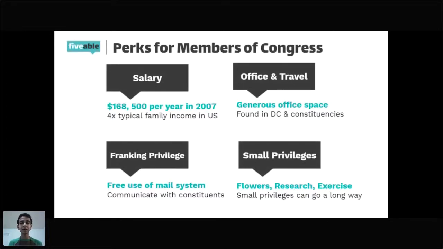And additionally, one thing that I definitely think we should point out is the franking privilege. The franking privilege is basically the free use of a mail system. So they are able to communicate with their constituents for free. A lot of times you will see this term on the AP exam. It's not always used as the correct answer choice.